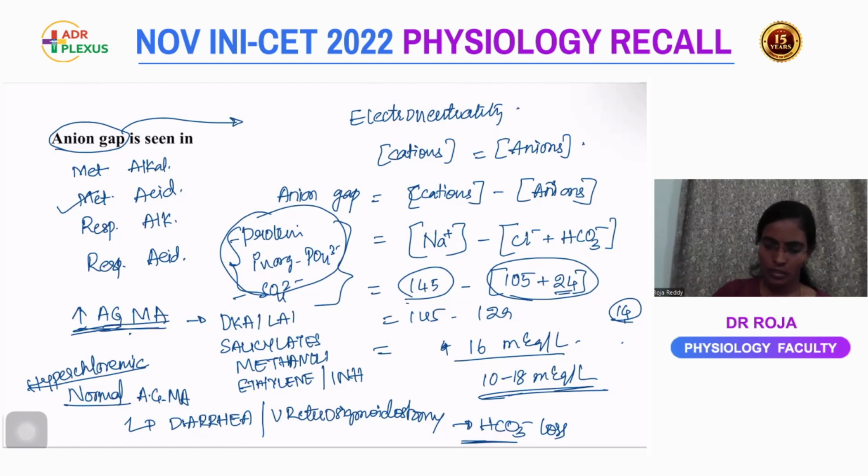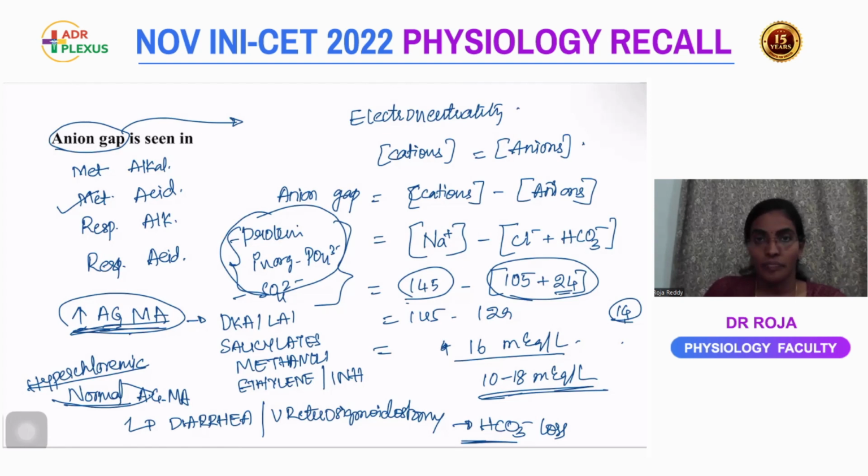But I don't know whether the question is just regarding the anion gap or regarding high or normal anion gap. So based on the question, the option will vary. If it is only regarding anion gap, it is seen in metabolic acidosis. Or the question can be like, they'll give you some conditions and ask where high anion gap is seen.